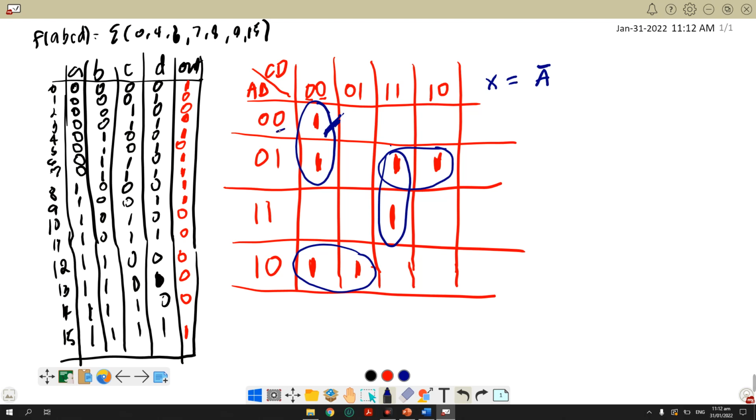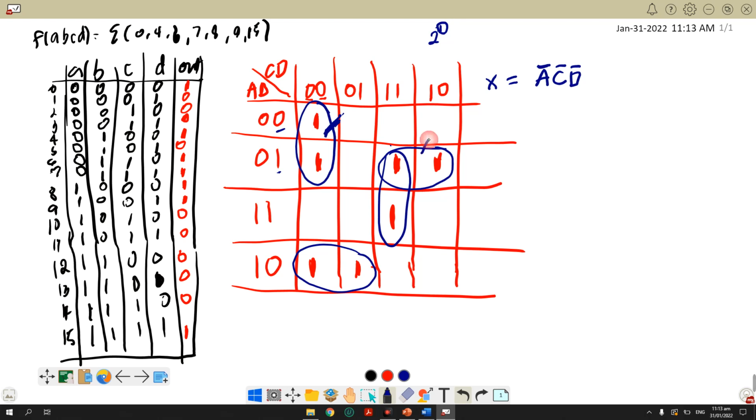The B changes from 0 to 1, so we will not consider B. How about the C and the D? Since they are in the same square, the C and the D are not changing, so CD. Since we are grouping only by 2's, that is 2 raised to 1, we have eliminated only one variable out of the 4. That's why we still have 3 variables here.